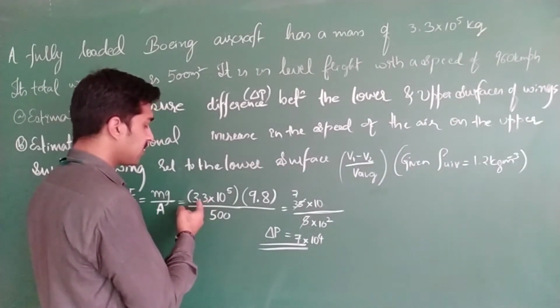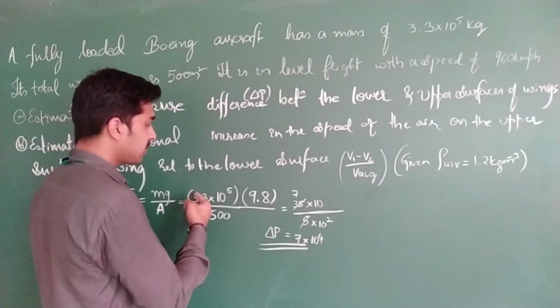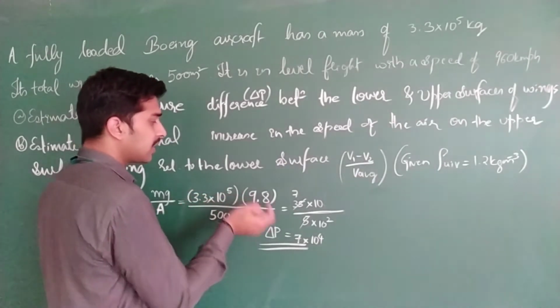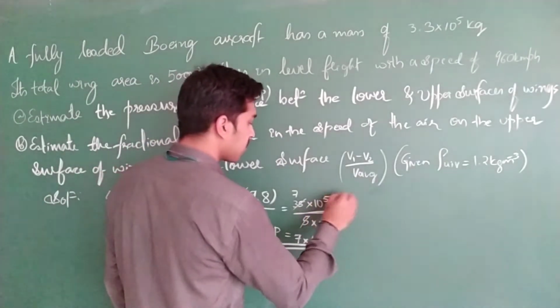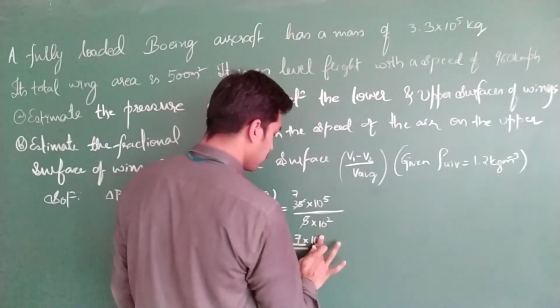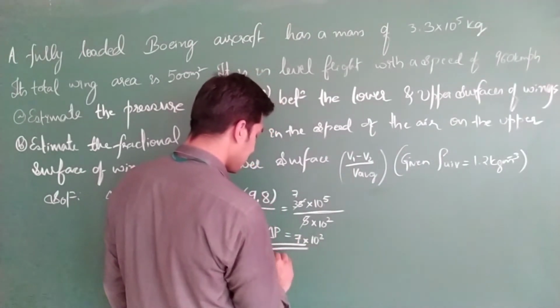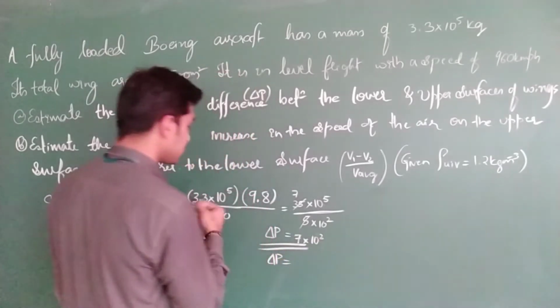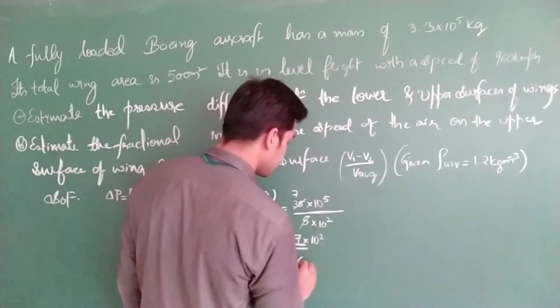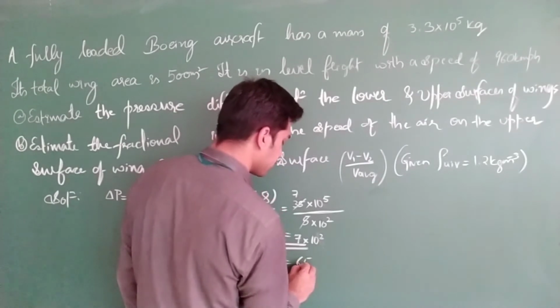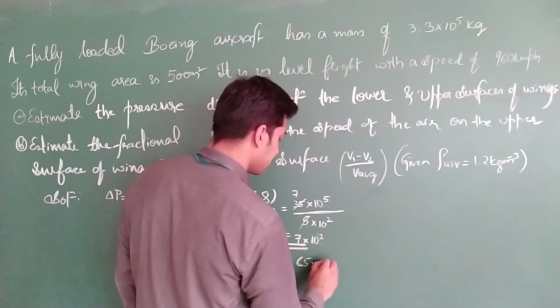If I shift this decimal here, it will become 10 to the power of 4. Then if I choose this, it will be 10 to the power of 5. This will be 2 as it is, this will be 5 minus 2, 3. If you substitute exact values, 3.3, 9.8, like that, you get 6.5, almost equal to 6.5 into 10 to the power of 3 pressure.